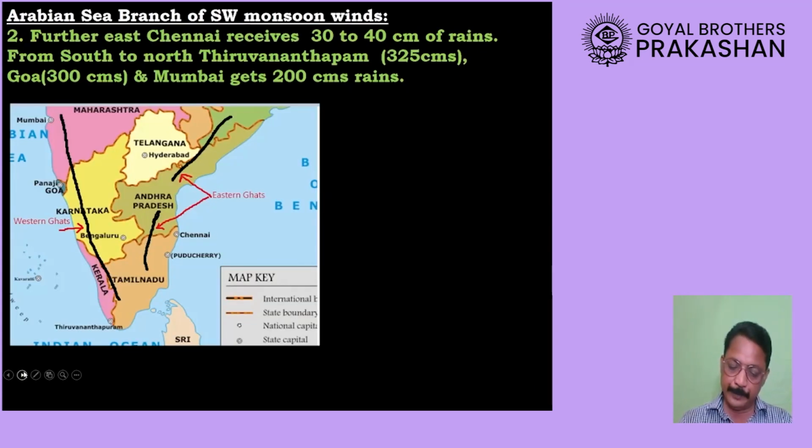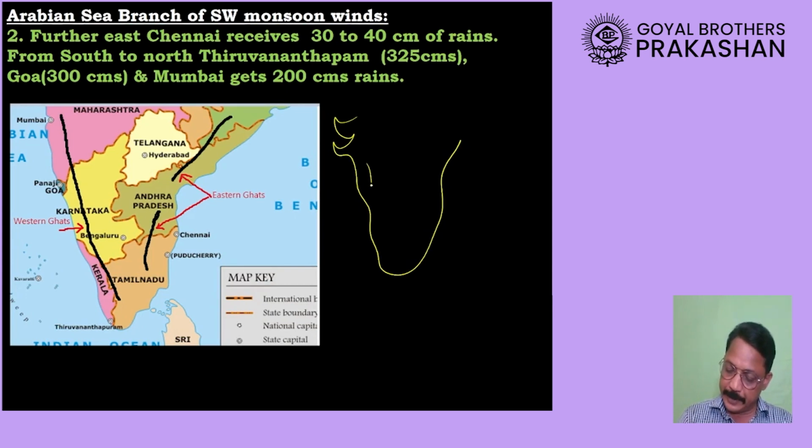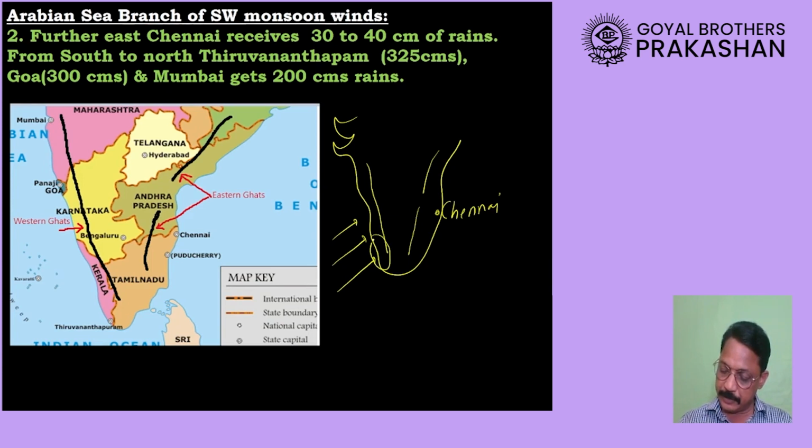Now the second thing, which is very interesting. If I draw India again, please understand this: here is Western Ghat, and on the east side of India, here is Eastern Ghat. Here is a city called Chennai. When these southwest monsoon winds which blow over the Arabian Sea reach this region, which is on a windward side, they will give more rainfall.